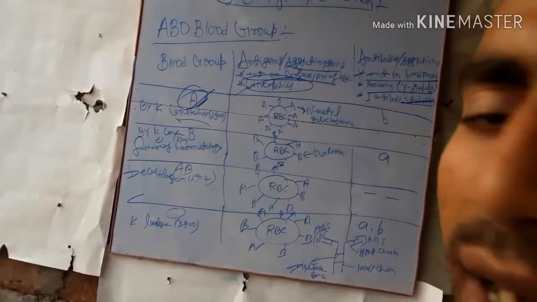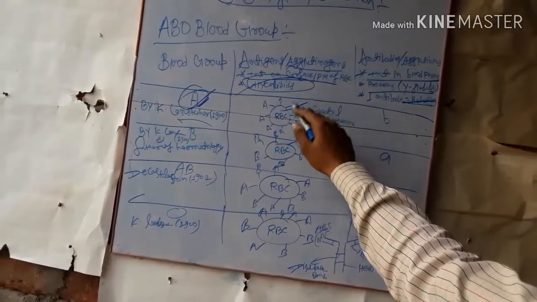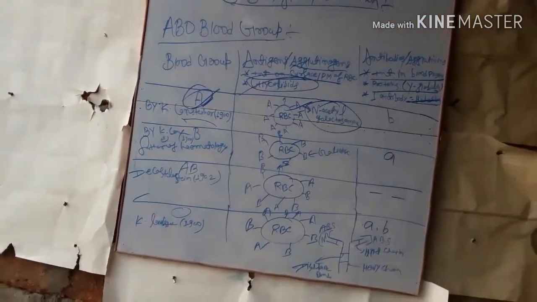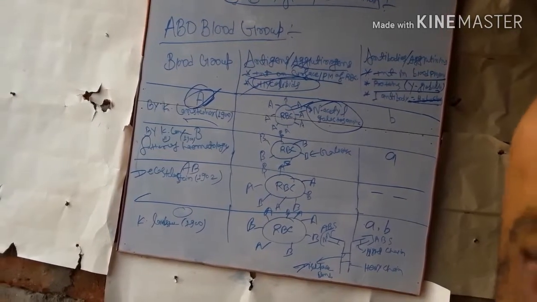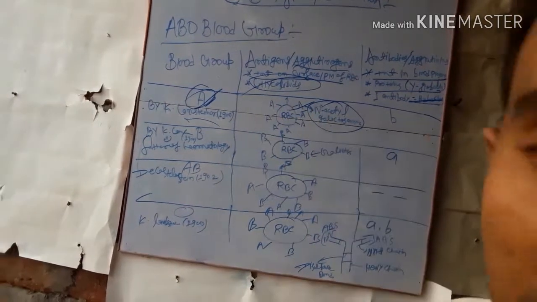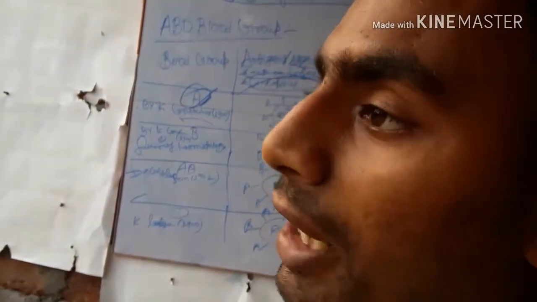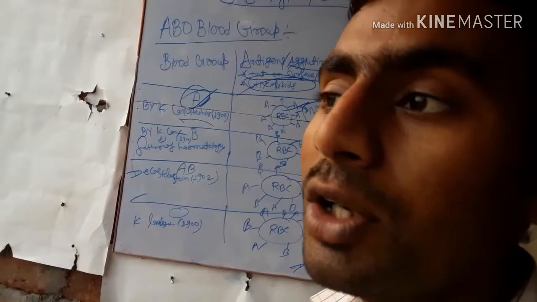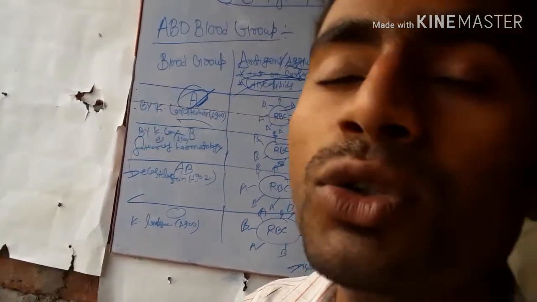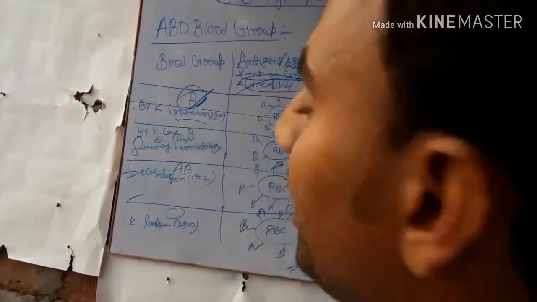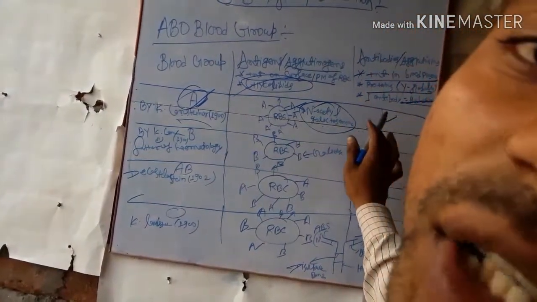If the blood group is A, then the antigen is also A, and A is N-acetylgalactosamine. But the antibodies are different: if the blood group is A, the antigen is A and the antibodies are B.